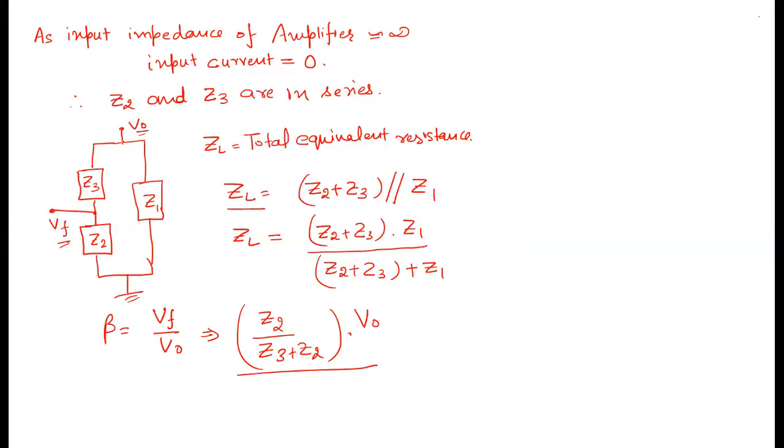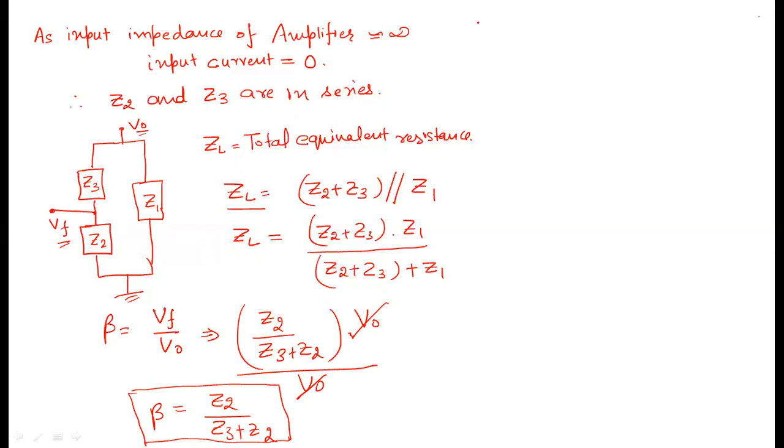Since we have the voltage V naught here and this is a potential divider arrangement, we can calculate VF as V naught into Z2 divided by the total impedance, that is Z2 plus Z3, by using the potential divider circuit rule. V naught is cancelled by V naught. So we can say that beta is equal to Z2 divided by Z3 plus Z2. So the feedback factor of this network is Z2 divided by Z3 plus Z2.